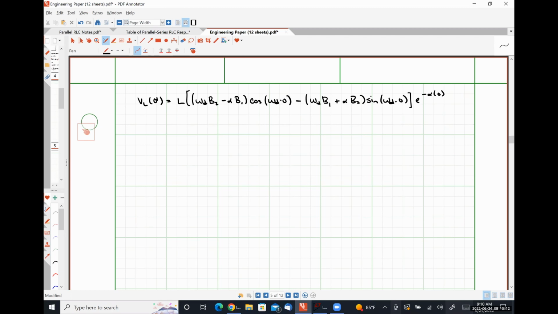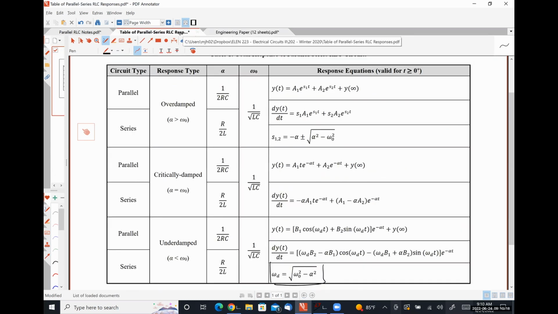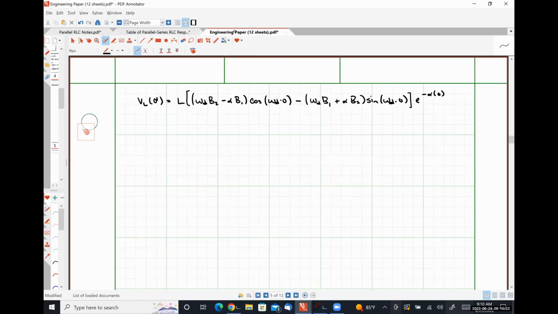I'm just going to refer back to the table real quickly here to make sure I got all these coefficients in the right order. Omega d B2 minus alpha B1, omega d B1 plus alpha B2. Okay. And once again, cosine 0 goes to 1. Sine 0 goes to 0. E to the 0 goes to 1.